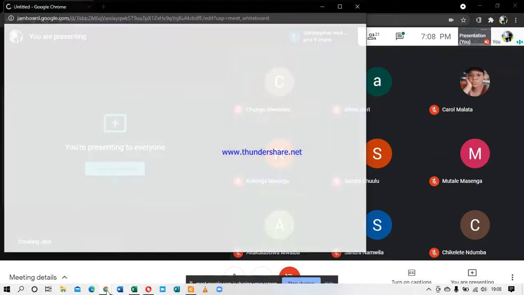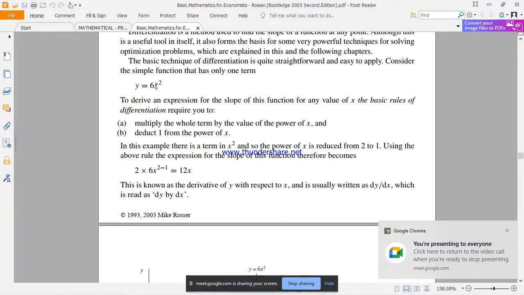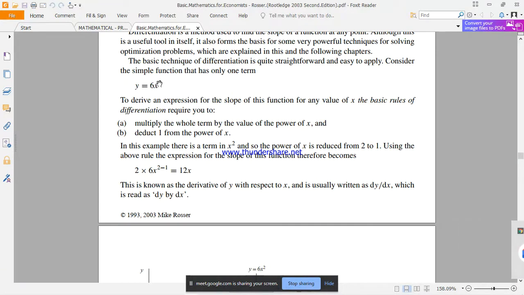As we wait for that to load, we can get back to our document. If I have this function y is equal to 6x squared, to differentiate I'll say 2 times 6, 12. Then I write my x, then I reduce the power by 1. 2 less 1 is 1, which means what I have is 2 times 6x to the power 2 less 1, which is 12x.